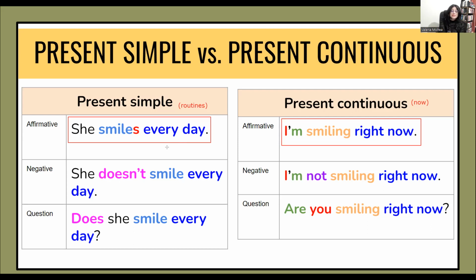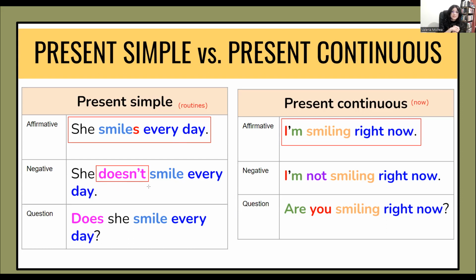Then what happens in the present simple with the negative sentences? I always need to use an auxiliary verb to say that something is not true, it's not happening, etc. So if I want to say the opposite of she smiles every day, I have to use an auxiliary verb, doesn't.